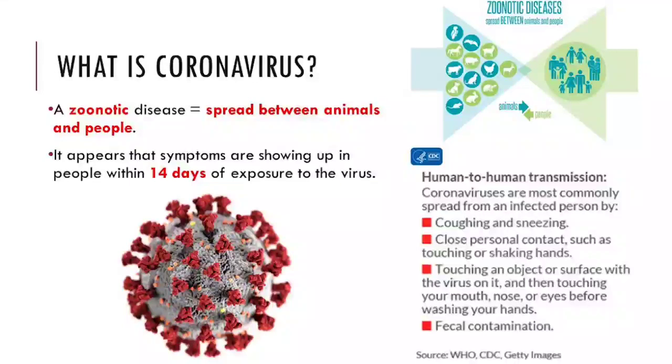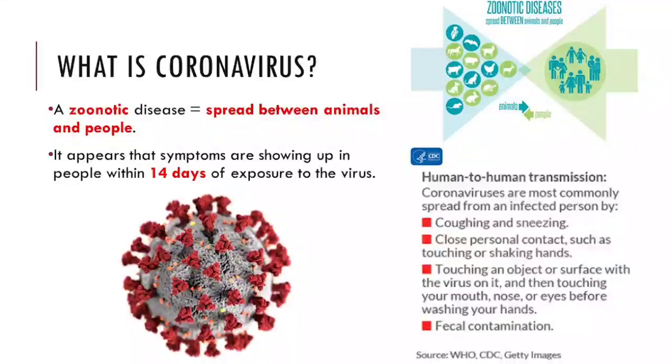Now, what is coronavirus? It is a zoonotic disease, meaning it spreads between animals and people. It appears that symptoms show up in people within 14 days of exposure to the virus.